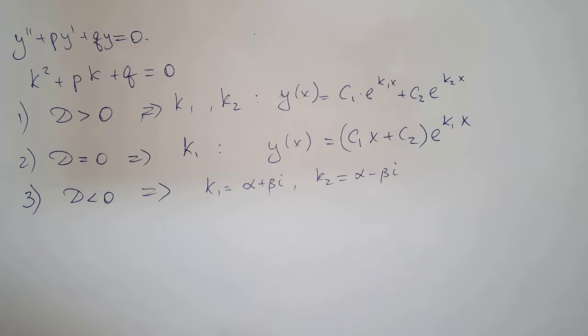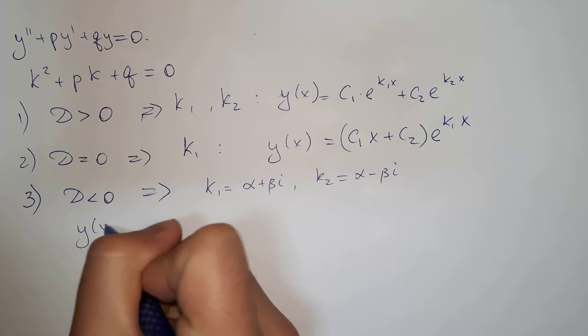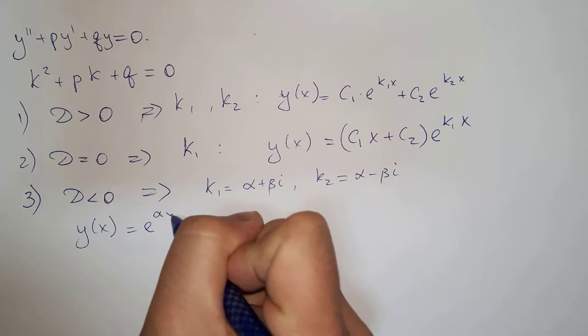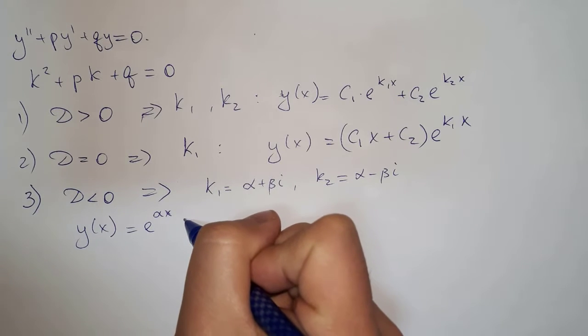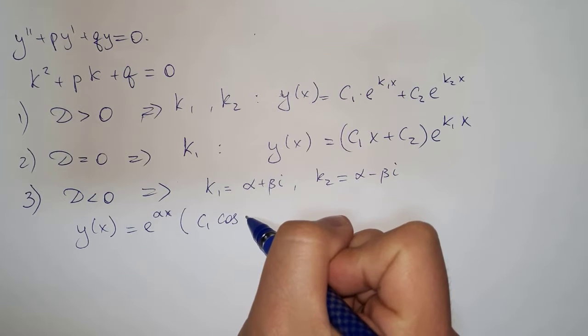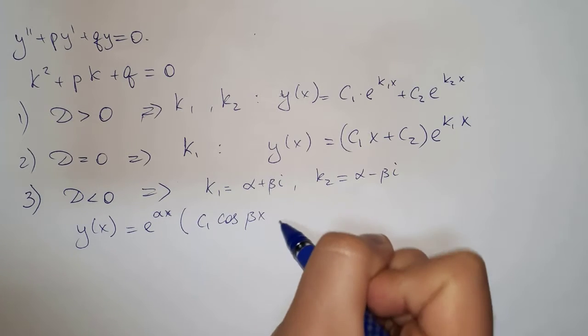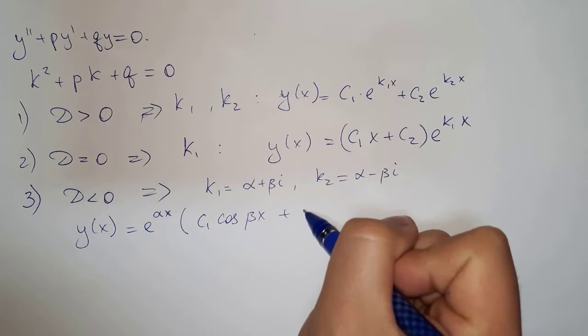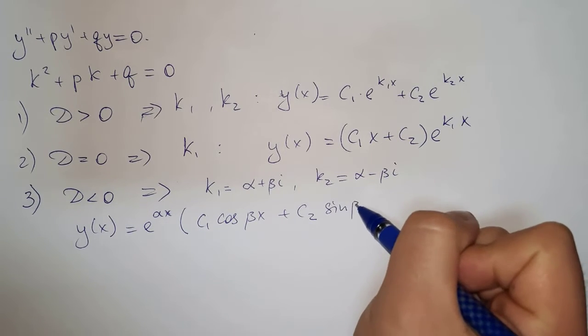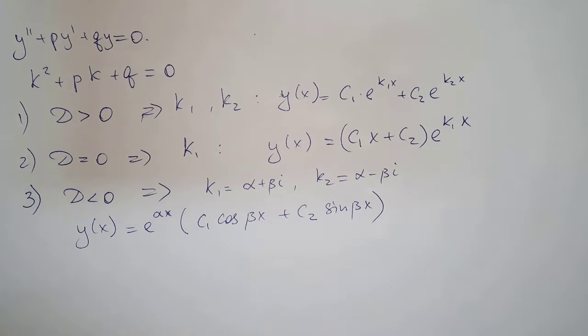And the general solution in this case is y of x is e to the power of alpha x times c1 cosine beta x plus c2 sine beta x. This is the general solution when the discriminant is less than 0.